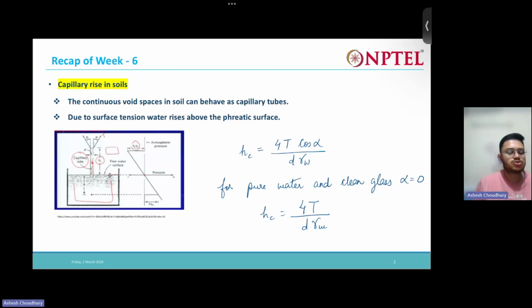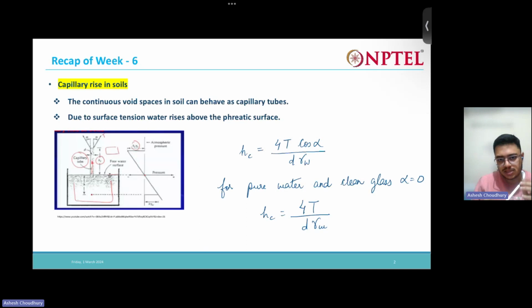So what is capillary rise? You might have noticed while drinking a cold drink or some juice from a glass, when you put a straw in the glass, automatically some amount of the liquid enters the straw and rises up the straw.